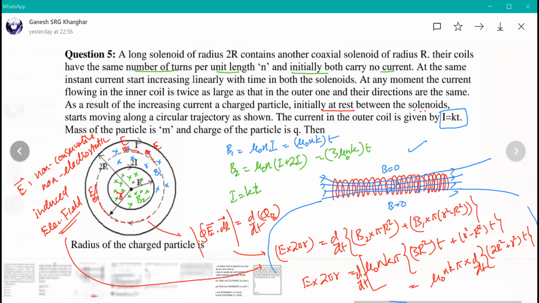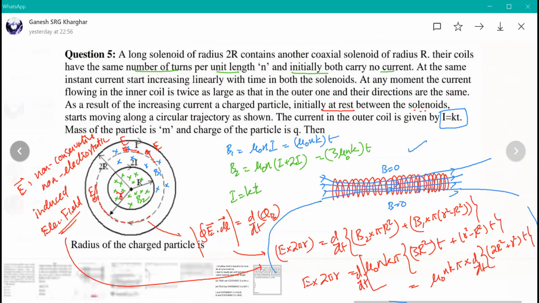At the same time, because of V, there will be a magnetic force acting in the inward direction, QV cross B, because Q is positive, we'll assume. If Q is negative, the direction of velocity gets reversed because the electrostatic force is opposite to E, so V cross B will be radially outwards, but it's a negatively charged particle. So either way, the particle will experience a centripetal force because of the magnetic field.